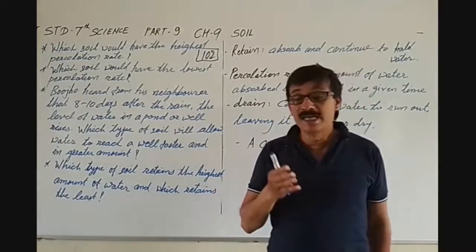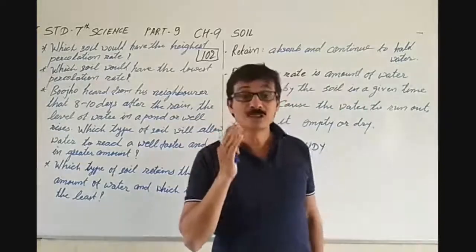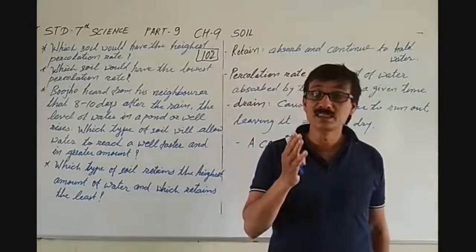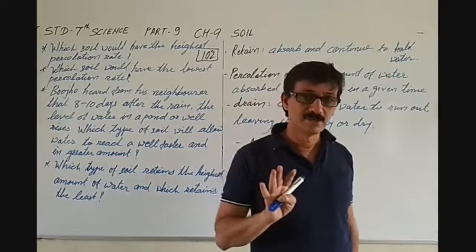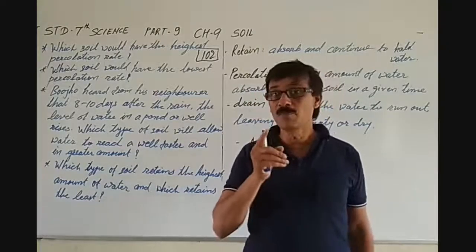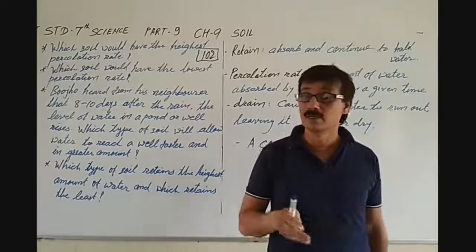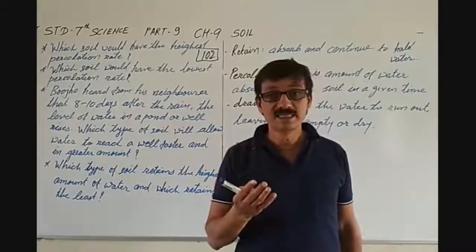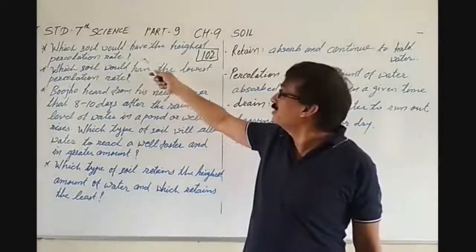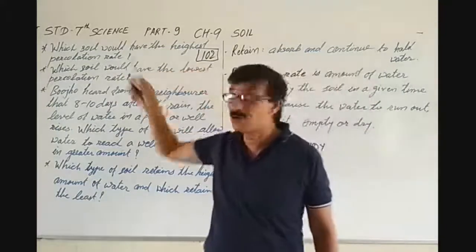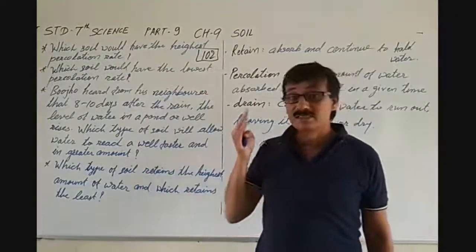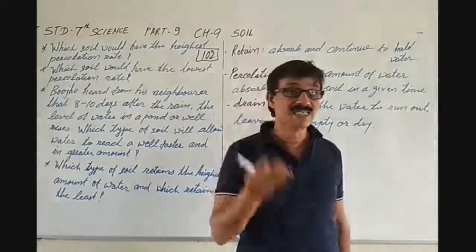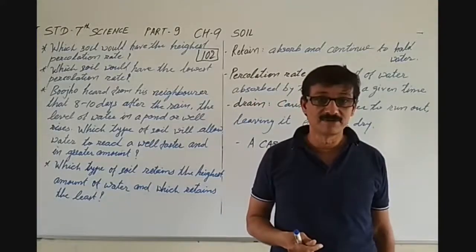And we know that sandy soil is well aerated and it used to be dry. So the rate of percolation of sandy soil will be more, isn't it? And that is why, naturally, the sandy soil would have the highest percolation rate, isn't it?